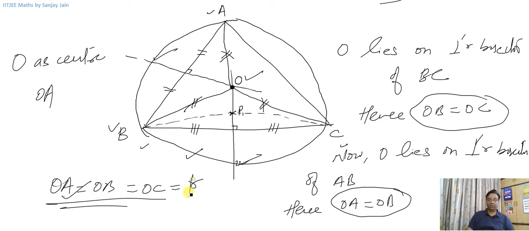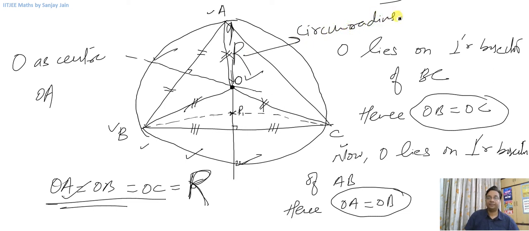Let us denote it by capital R. Now this radius capital R is known as the circumradius, this point O is known as the circumcenter, and this circle is known as the circumcircle.